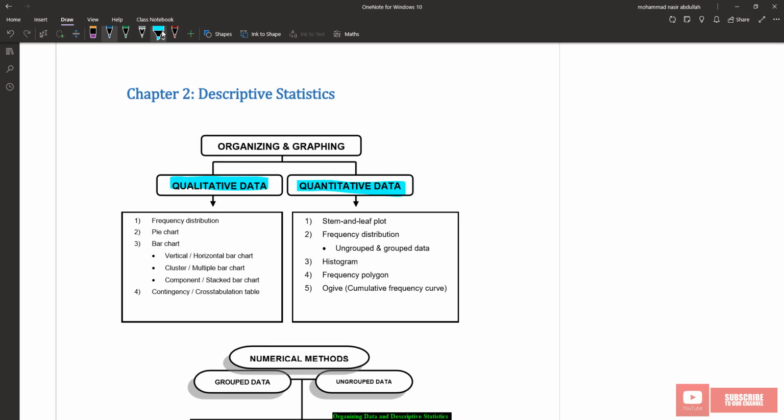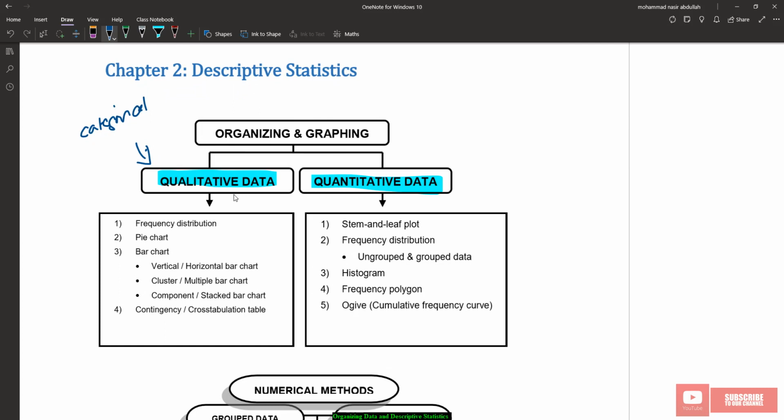Under qualitative variable, we know that this is a categorical variable. And for quantitative variable, we have two types of quantitative: one is discrete quantitative, and another one is continuous quantitative variable, right?